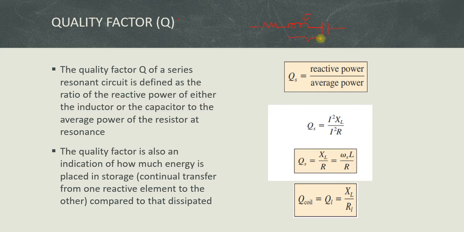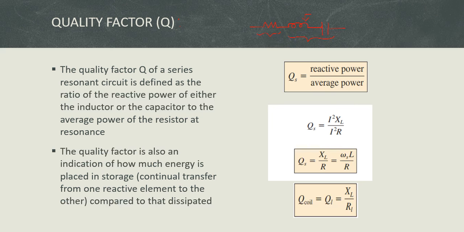This element stores the reactive power, and this element dissipates the real power. So the quality factor means how much energy is stored in the reactive element compared to the power dissipated in the resistance. This comparison is called the quality factor.